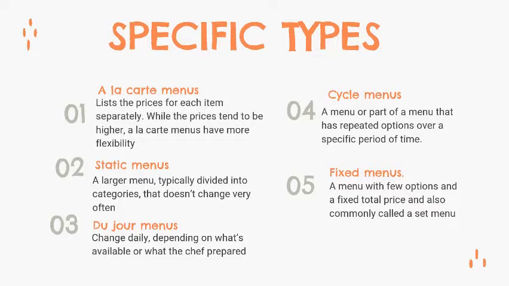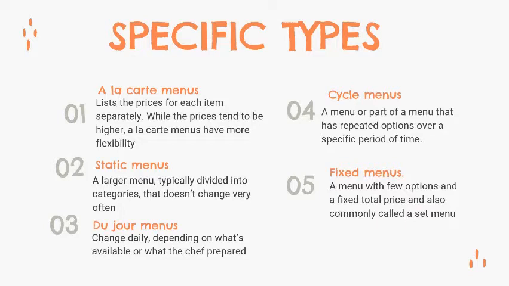Number 2, static menus: a large menu typically divided into categories that doesn't change very often. Number 3, du jour menus change daily depending on what's available or what the chef prepares.